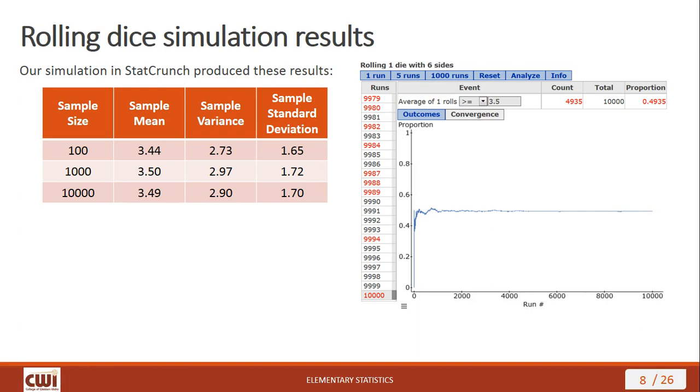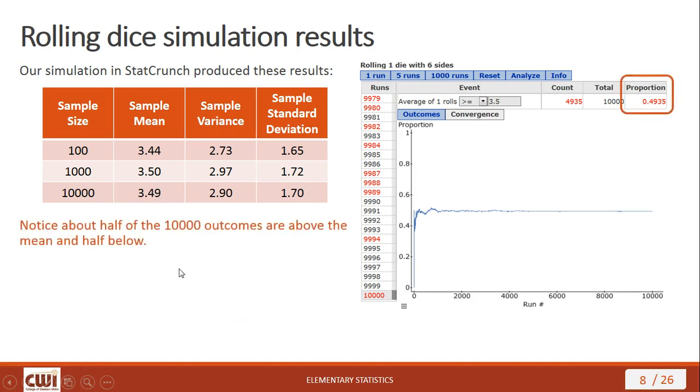So it's actually bobbing less the further out you go, but it's still bobbing a little bit. Notice about half of these 10,000 outcomes, as I said before, are above the mean, which is the 3.5, and then half of them are below the mean. This is what we would expect.